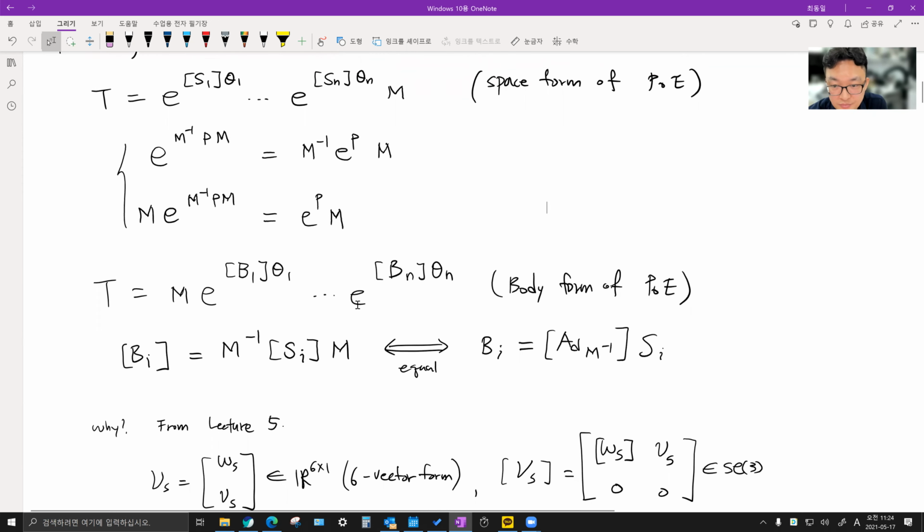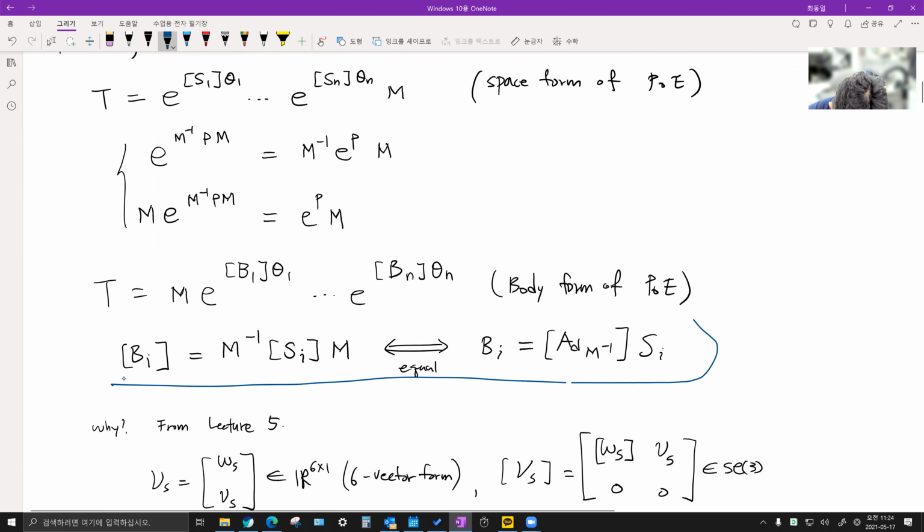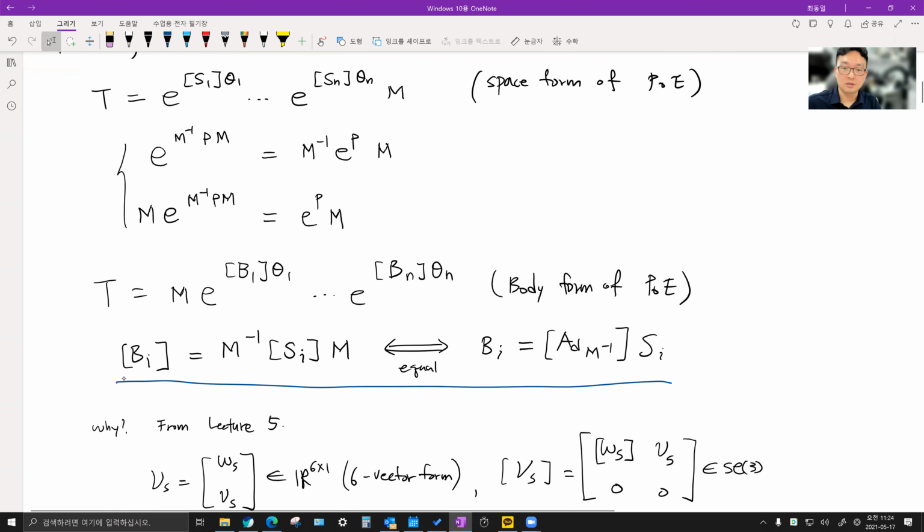The important thing here is that the screw axis in the space frame can be converted to the screw axis in the body frame, using M inverse and M.